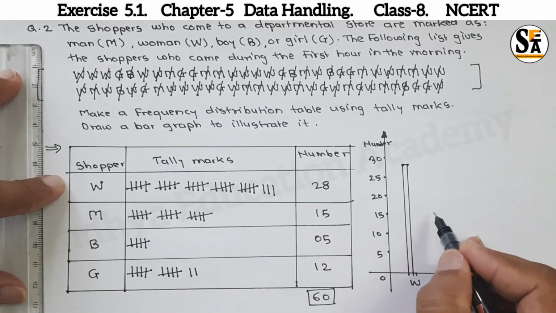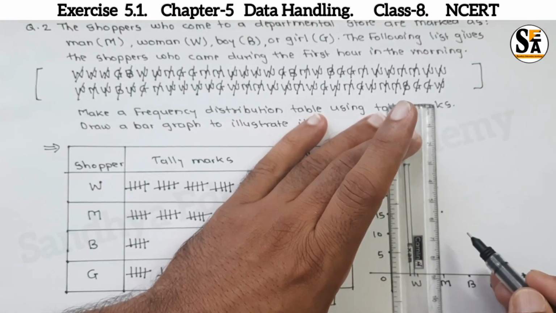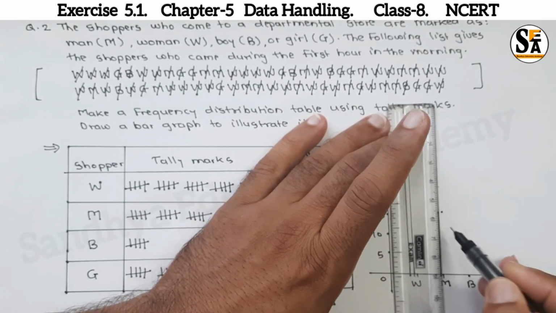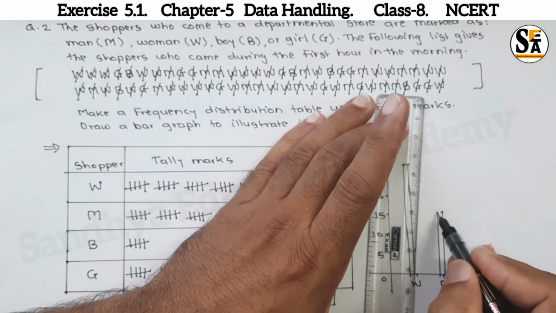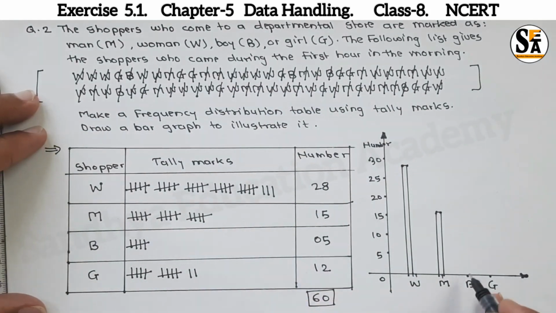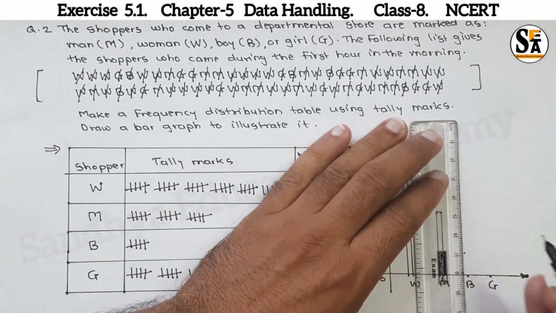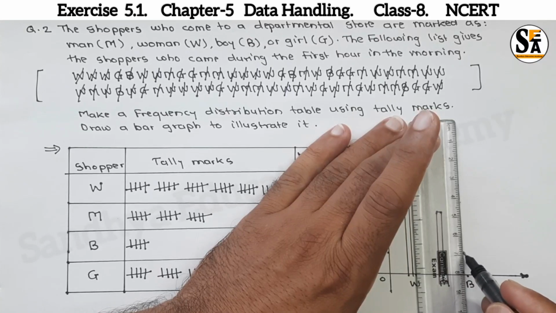So make a bar for M. Then for B, 05. Make a bar here for 05.